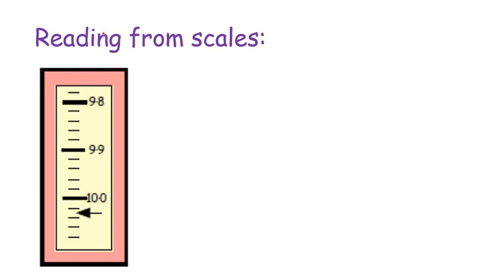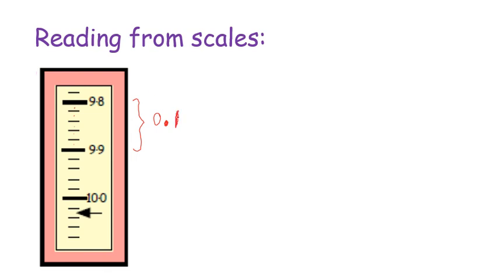So let's just have a further look at this. We have a gap of 1, 2, 3, 4, 5 here. Okay, and the full gap between 9.8 and 9.9 again is 0.1, because if you add on 1/10 to 8/10, you'll get 9/10.